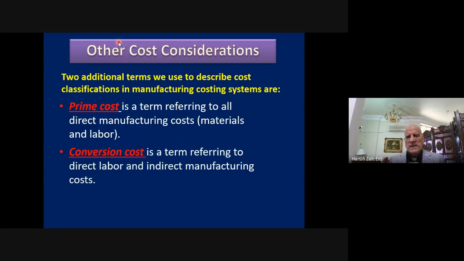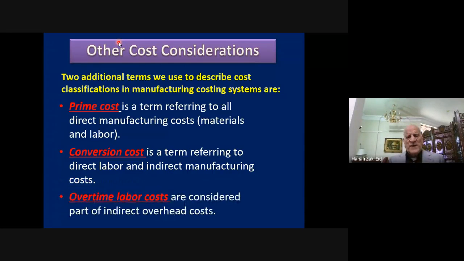Another terminology, which is conversion cost. By conversion cost, we mean direct labor and indirect manufacturing costs. Direct labor plus overhead equals conversion costs. As for overtime labor costs, they are considered part of indirect overhead costs.